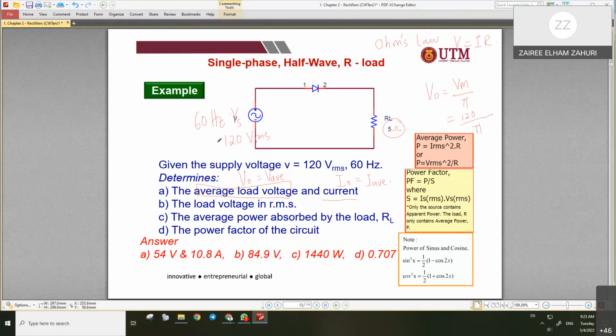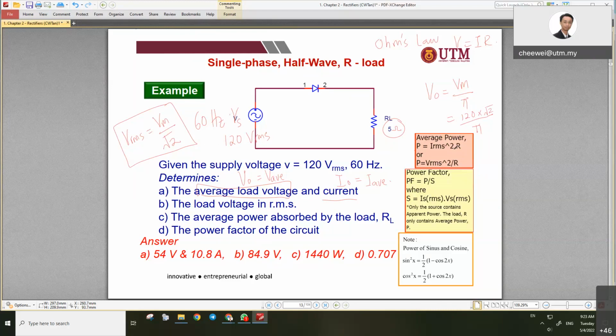Let's go back. What is RMS? VRMS is Vm over square root of 2. So Vm equals square root of 2 times VRMS. Given 120 RMS, so I need to multiply with square root of 2.